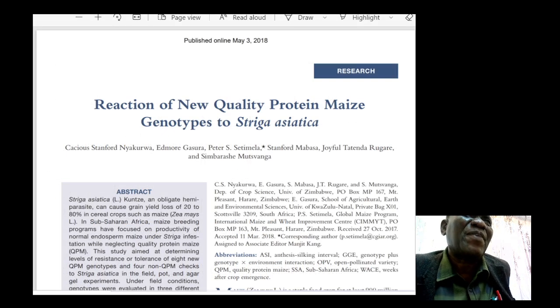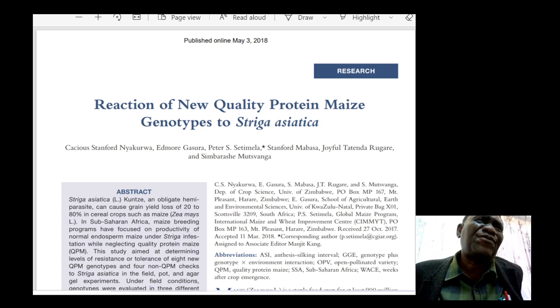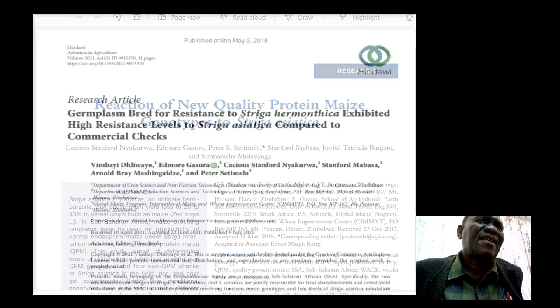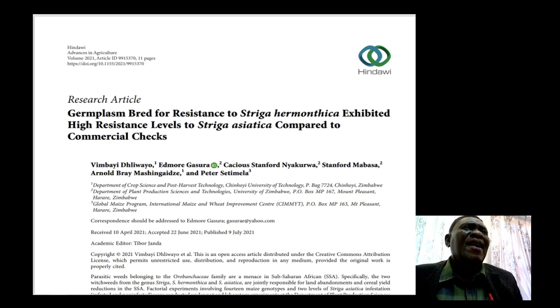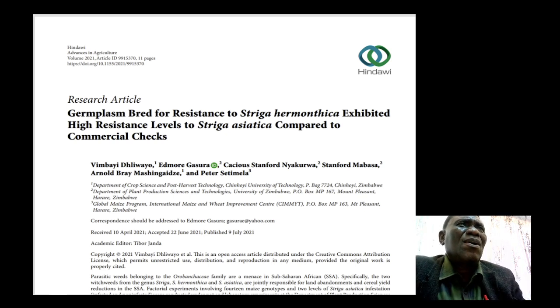There's also a paper where we looked at the reaction of new quality protein maize genotypes to Striga asiatica. This work was done in Gokwe. Again, another paper which you may want to have a look. Here we have germplasm bred for resistance to Striga asiatica.